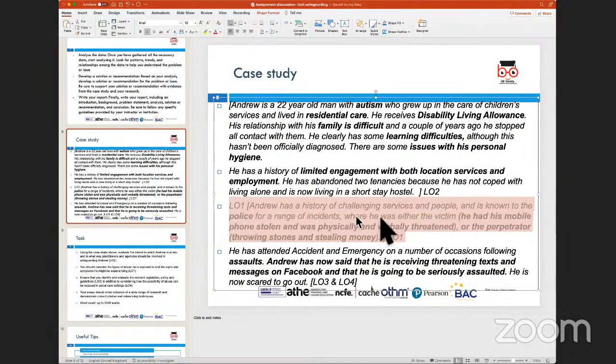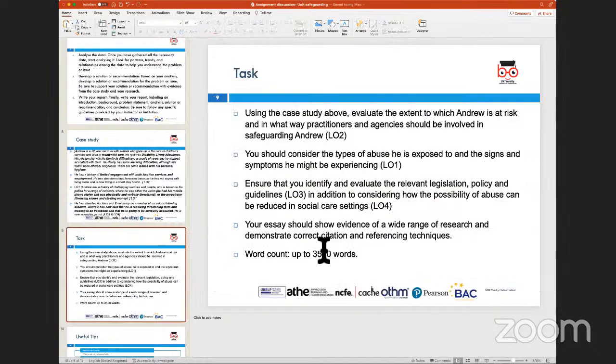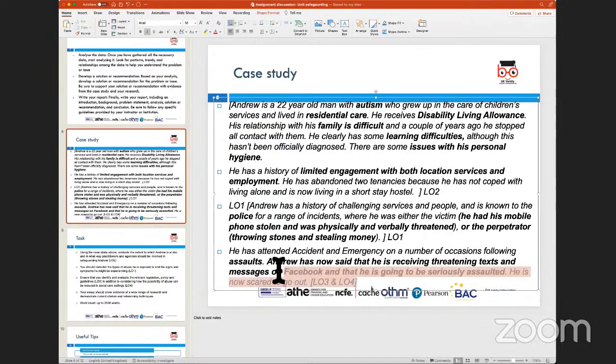We have looked at the types of abuse that he's facing, and we've interpreted that successfully. Then it says ensure that you identify and evaluate relevant legislation, policy, and guidelines, in addition to considering the possibility of abuse he is going to face. So I think we have been spot on in our interpretation of this case study.